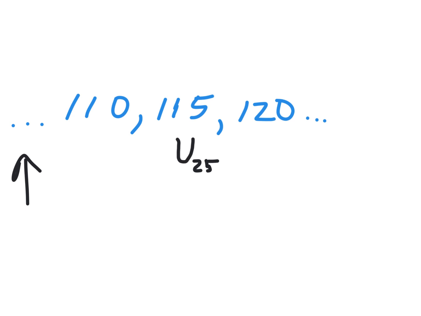But if this is U sub 25, then this would be U sub 26. And the one in front of it would have been U sub 24. Do you get that they would go in order like that? And a subscript can tell you which one you're on. All right. So again, I didn't know for sure which one it was.